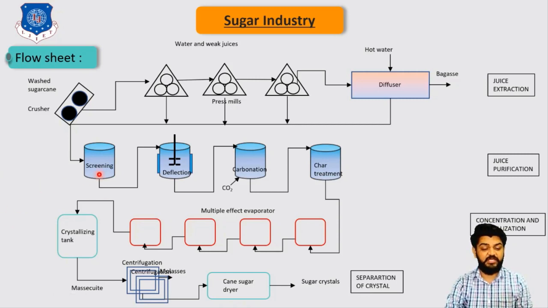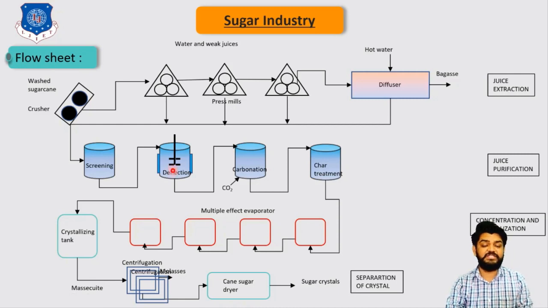After screening, the fresh juice, which is brown in color and has around 15% sucrose content, is sent to the defecation unit, in which we add our lime solution. This lime solution acts as a coagulant, and it coagulates all the impurities, so we can easily remove all the impurities present in the sugarcane juice.